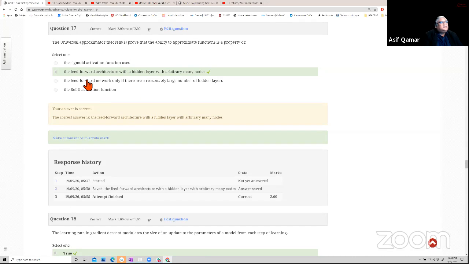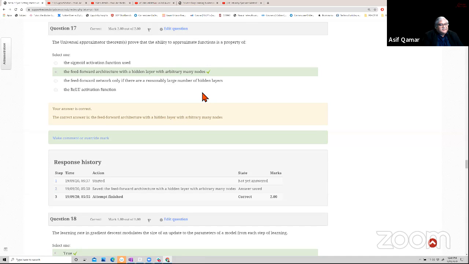And this is not correct: a feed-forward layer, only if there are a reasonably large number of hidden layers. This is a misconception amongst people. They say that if you create a neural network you must add a lot of layers, otherwise it won't solve your problem. That's not true. Depending on the complexity of the problem, pick a neural net.